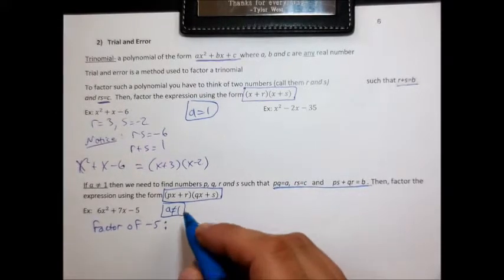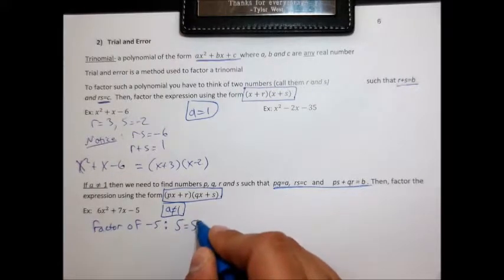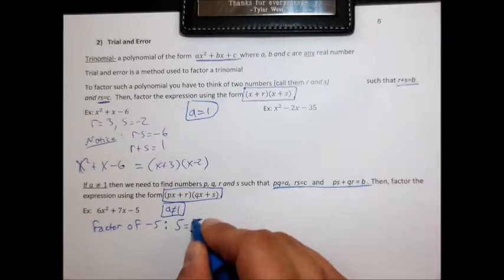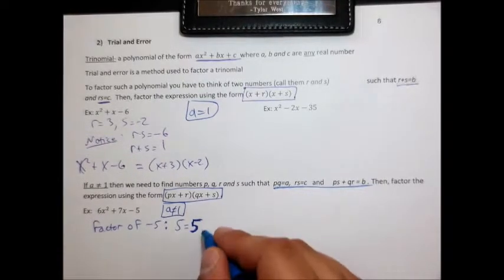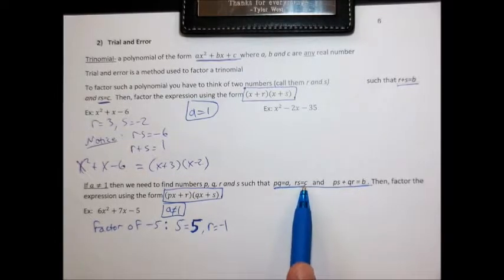And so maybe I'll choose 5 for S. I'll let my S be 5, and maybe I'll let my R be -1. And so those, you can see, are my factors of the last term.